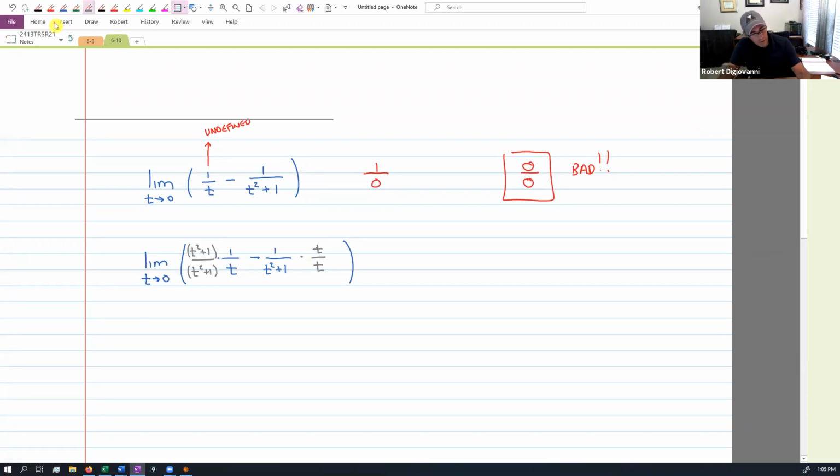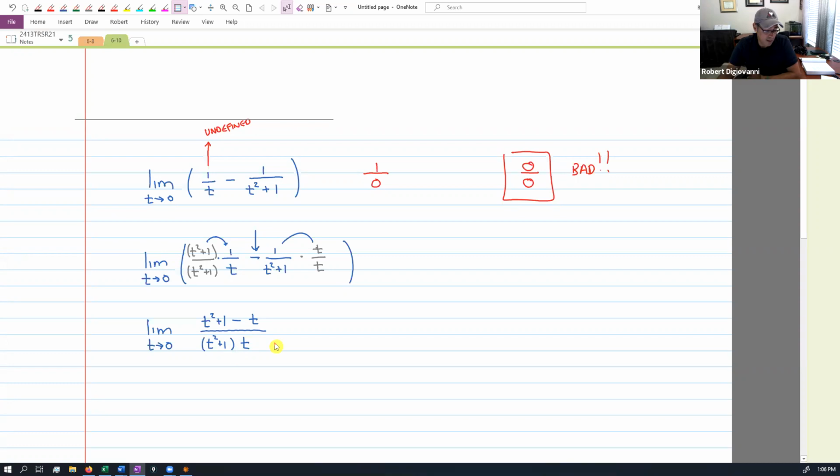So when we now do this, my new numerator: t squared plus 1 times 1 is t squared plus 1. Then I will subtract from that 1 times t, which is t. And then all of that divided by t squared plus 1 times t, the denominator, right?